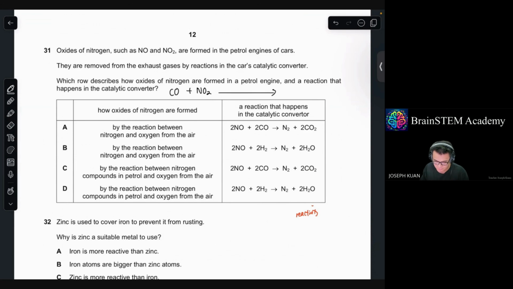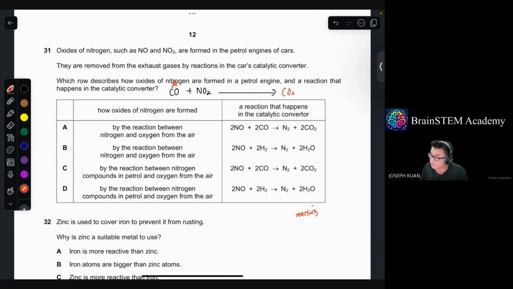So what's the safer form for carbon monoxide? It will be carbon dioxide. And then what's the safer form for nitrogen dioxide? Nitrogen gas. Right. Nitrogen gas is relatively unreactive. 78% of the air is nitrogen. All right.